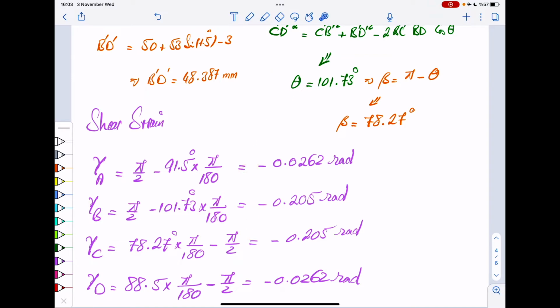Okay, so let me just again maybe draw a little one here. So if you have a square like this, and then if you say it's going to deform like that, this is your shear strain in this example, okay?